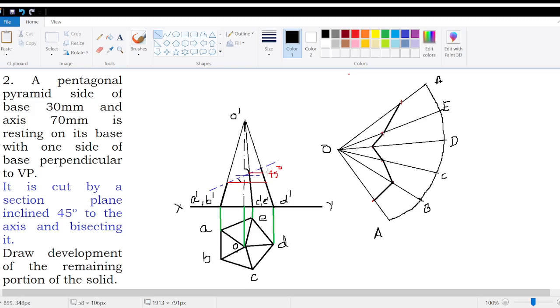And in the question, you are asked to draw the development of the remaining portion. So that means you have to highlight the remaining portion. So this is the remaining portion, and the base you join like this.